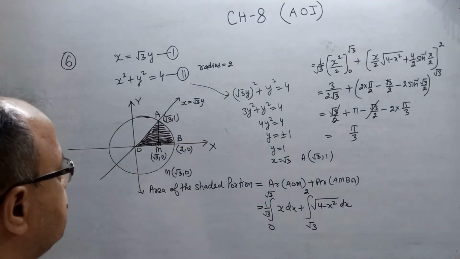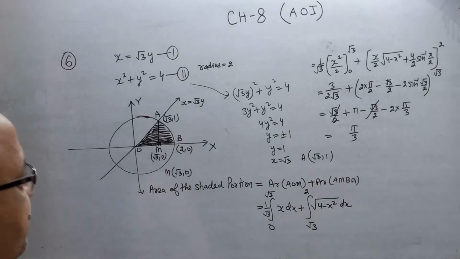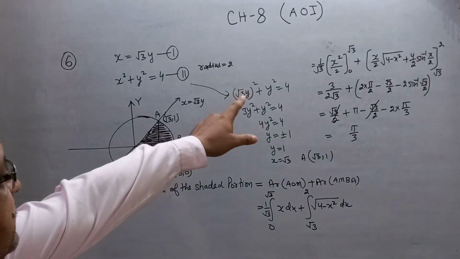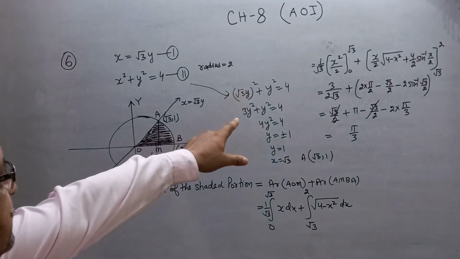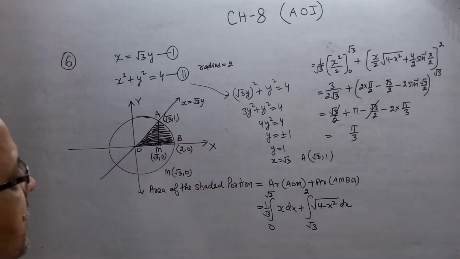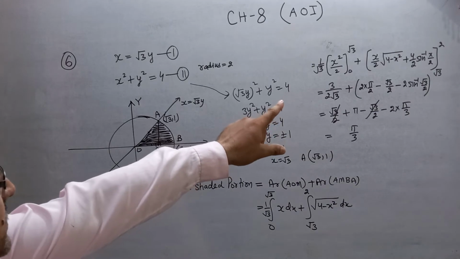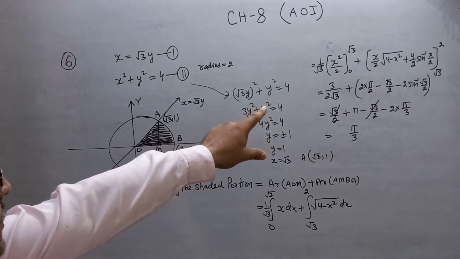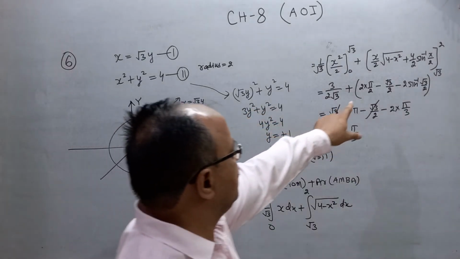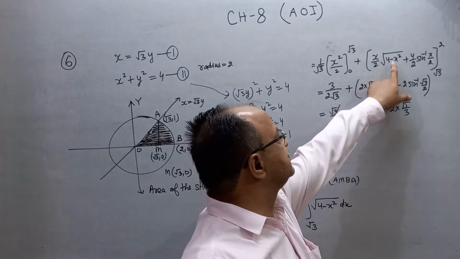You can check again. Just put the value of root 3 square, 3, that is 3 by 2. It means 3 root 3 by 2. And when you put in the second part, in place of x, firstly put 2. When you put here 2, then 4 minus 4 is 0.